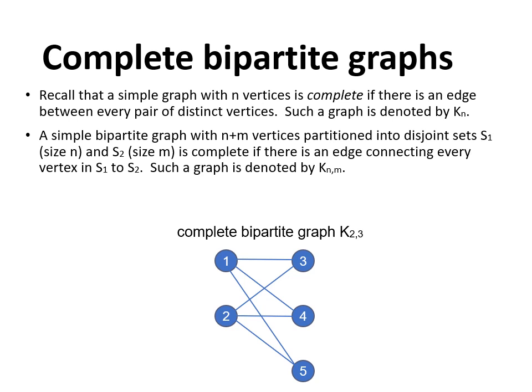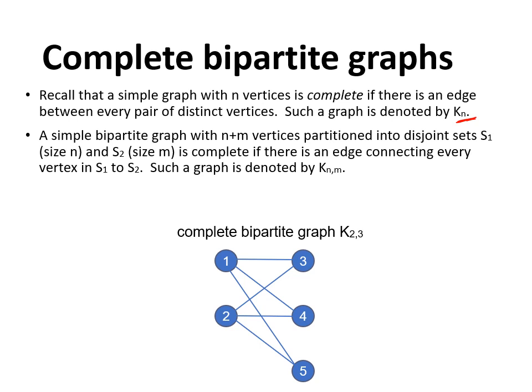So recall that a simple graph with n vertices is complete if there is an edge between every pair of distinct vertices. And we denote such a graph with Kn. Now a simple bipartite graph with n plus m vertices partitioned into disjoint sets S1 of size n and S2 of size m is complete if there is an edge connecting every vertex in S1 to S2.